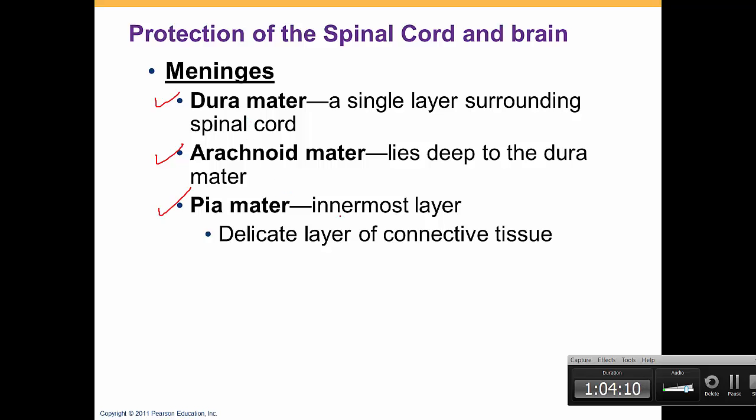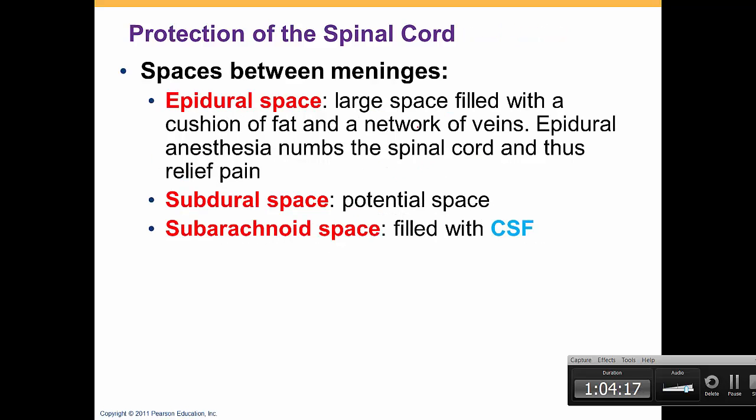As we said before, the pia mater is the innermost, arachnoid is in between, and the dura is the outside. There are spaces also between these. We have the epidural space. Epi means above the dura. Subdural space is below the dura. And the subarachnoid space is below the arachnoid. And what you need to know is this one has CSF.